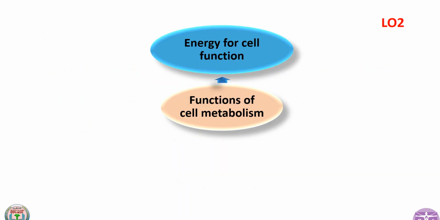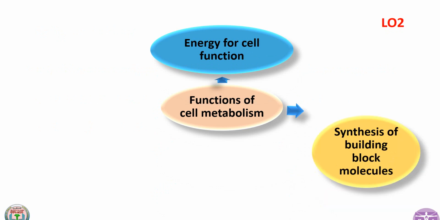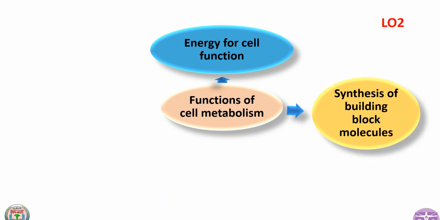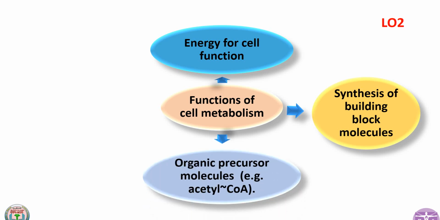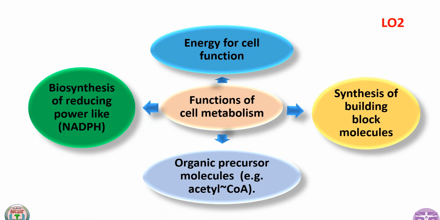It is either for the production of energy or for synthesis of building blocks of molecules, or it is the source of organic precursor molecules such as acetyl-CoA, or the metabolism may be used for biosynthesis of reducing power like NADPH, nicotinamide adenine dinucleotide phosphate.